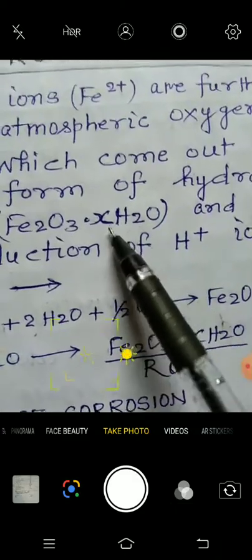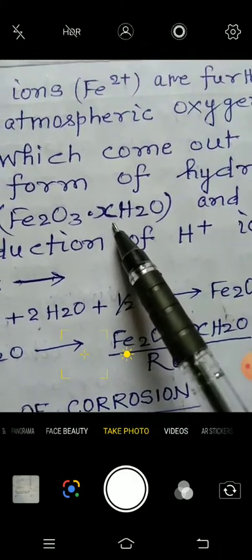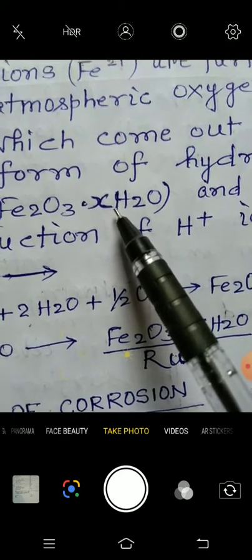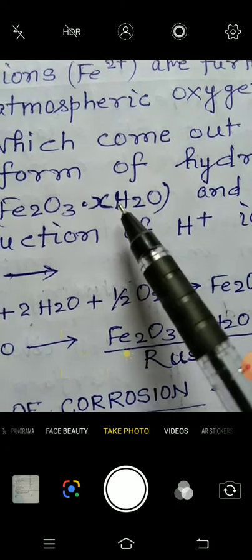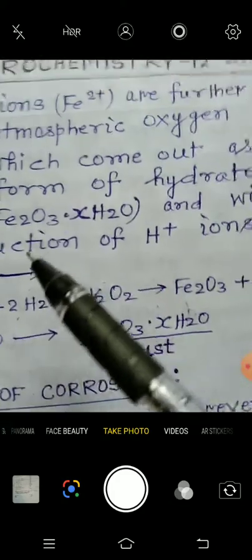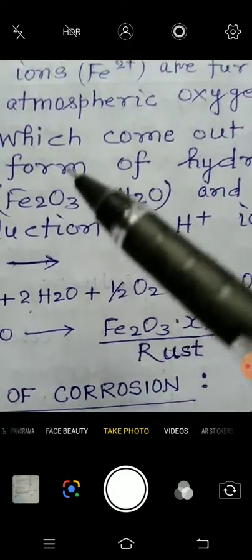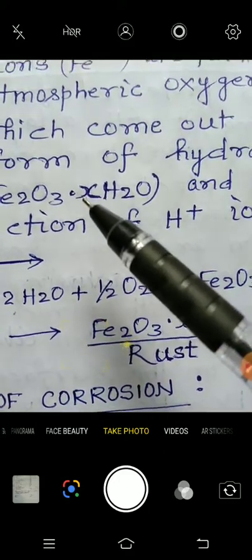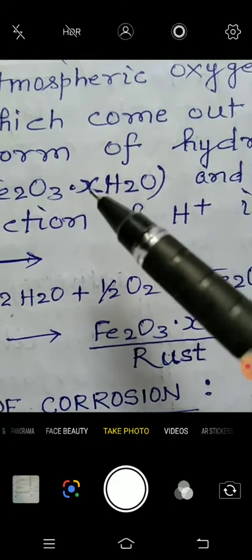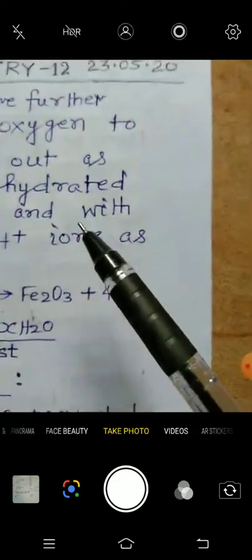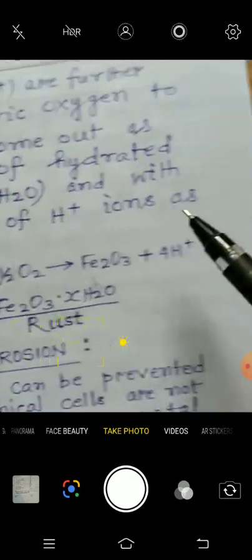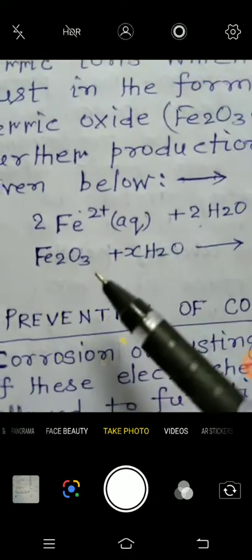Again I am telling you, the x represents the amount of water present in the atmosphere, which changes from time to time. It depends upon the season. For example, in this season the amount of water in the atmosphere is very low, so when the rust is obtained, the amount of water in it will be less, with further production of H plus ions as given below.